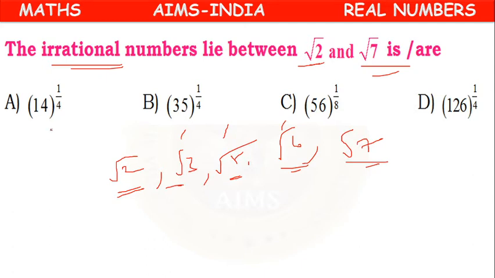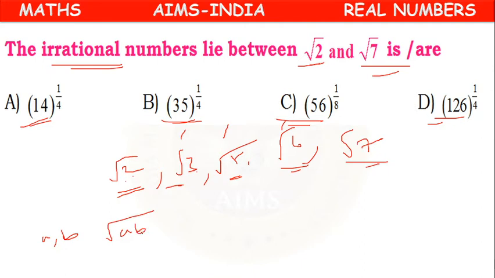But in options we have other numbers. So if you multiply these two, root 2 into root 3, for finding irrational numbers, what we have to do? If A and B are rational numbers, the irrational number between them is root of AB.